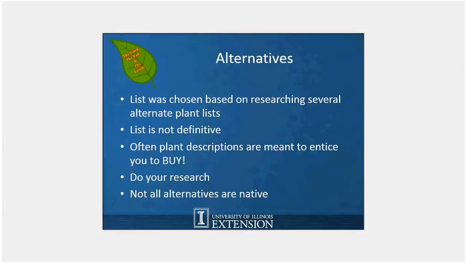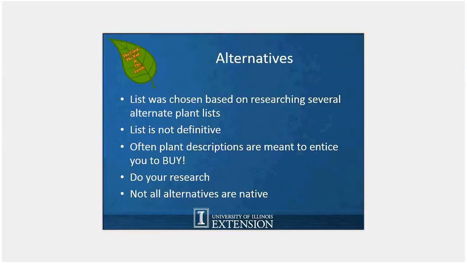When you're buying a plant, we read a lot of plant descriptions, and we always joke that we wish the plant had read that description. So when you're looking at plants, do your research, because a lot of times in catalogs and in magazines, part of those descriptions is to entice us to buy it.